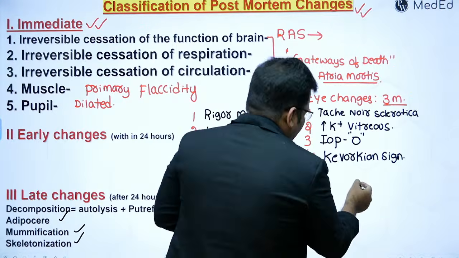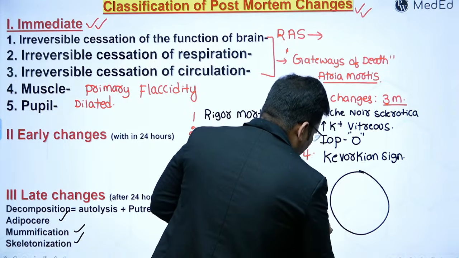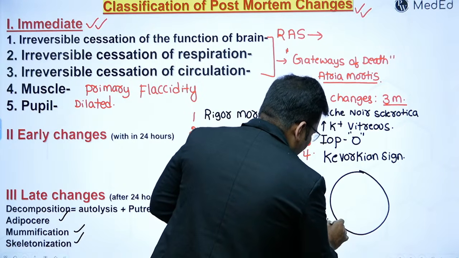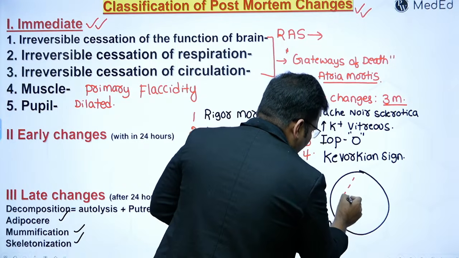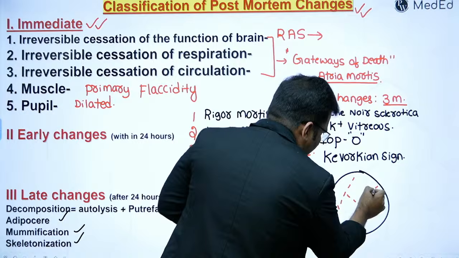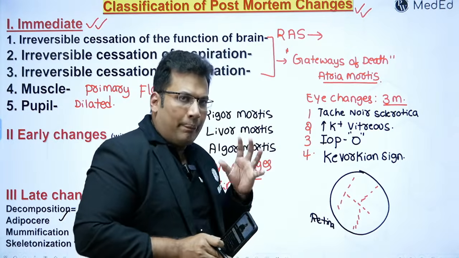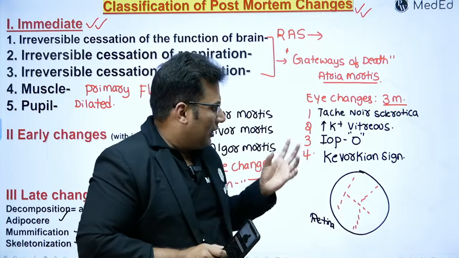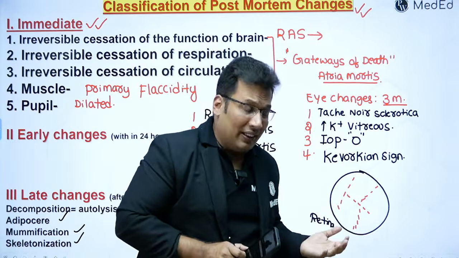For example, this is the retina. The fragmentation of blood, or the blood column, occurs in all blood vessels, but it is clearly visible in the retina.